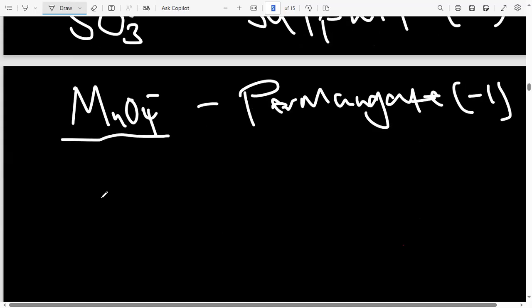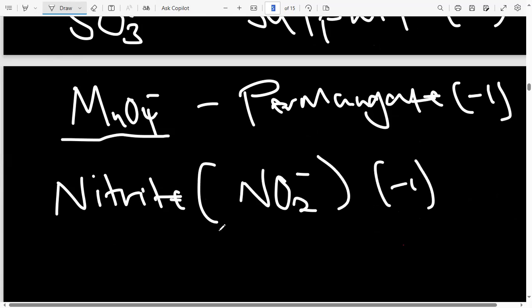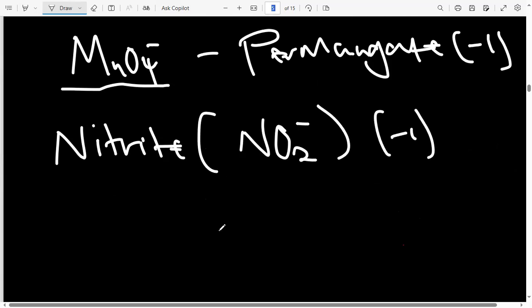I can have what I call a nitrite. This nitrite is given by this formula, NO2 with a charge of -1. So you should know some of these. Just master them. As you learn your chemistry, they will be in your head.